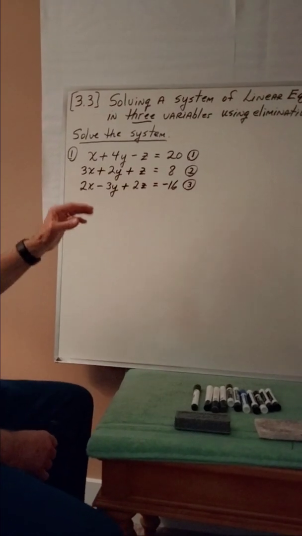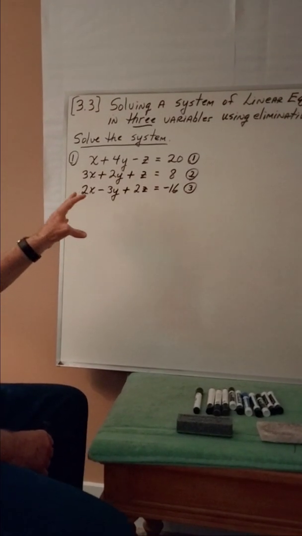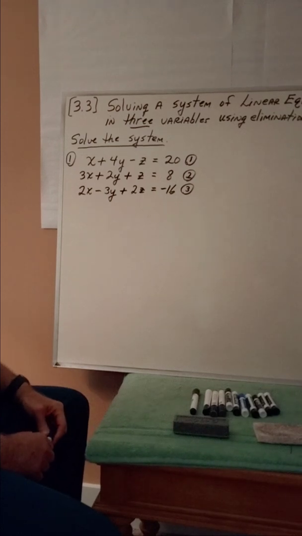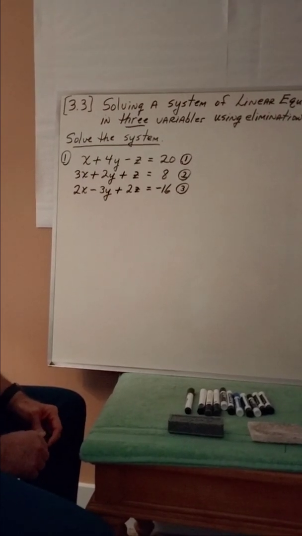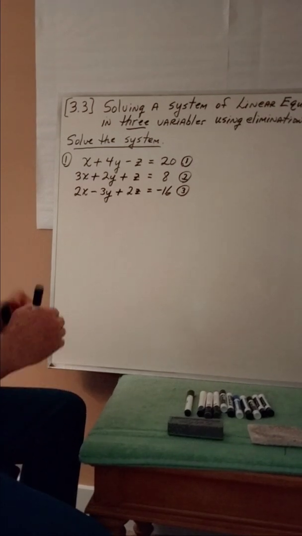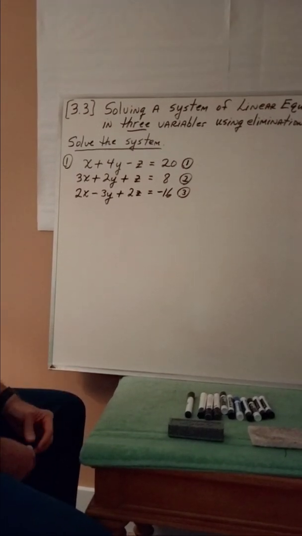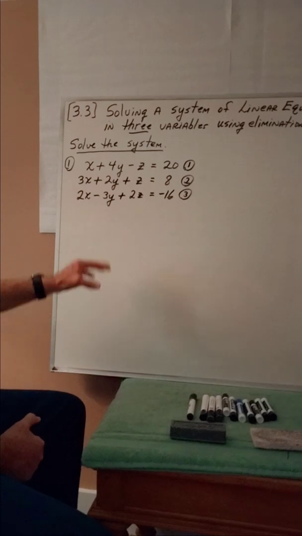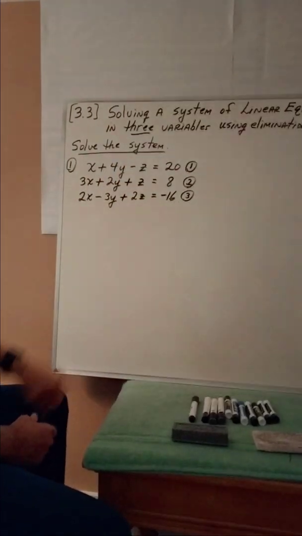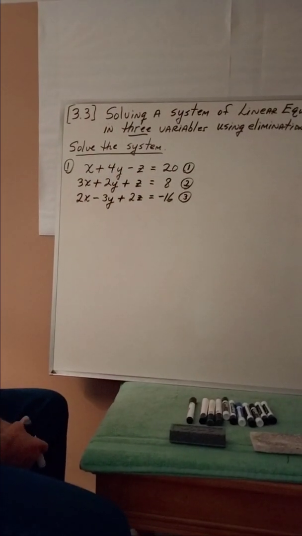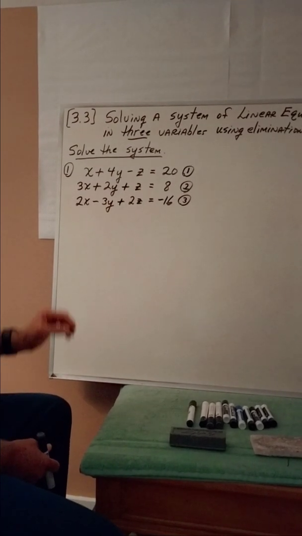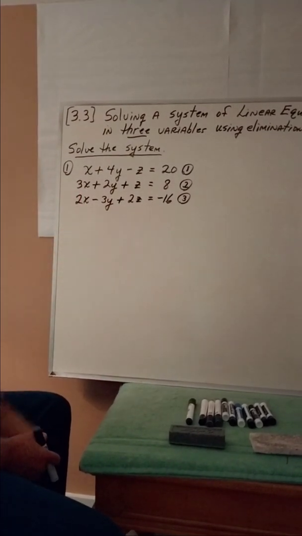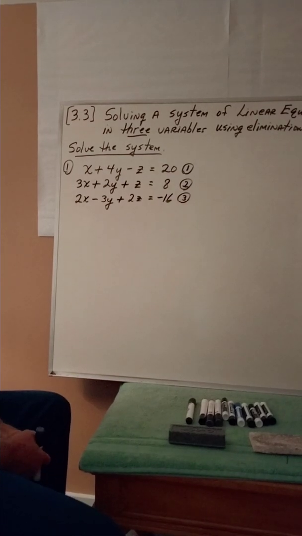But since we are using elimination, which involves adding opposites to get rid of the variable that we want to get rid of, let's take a look at this system and see if there is maybe a clue that would let us know which variable might be the best of the three to eliminate.